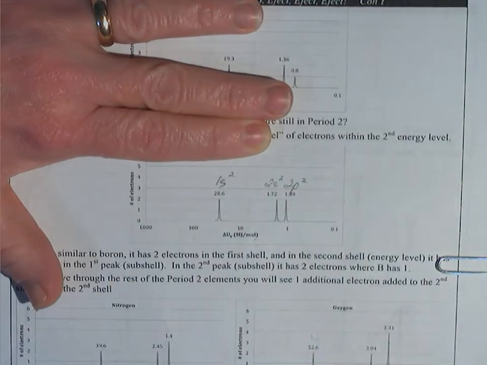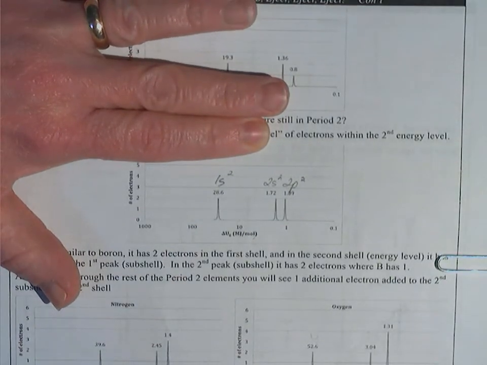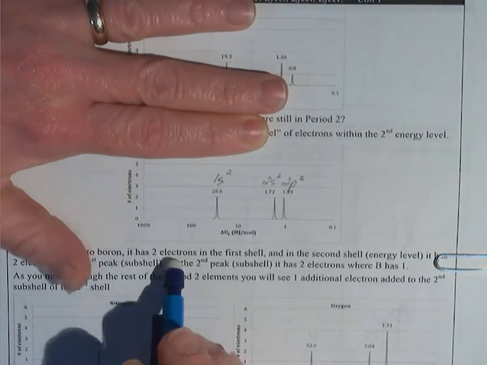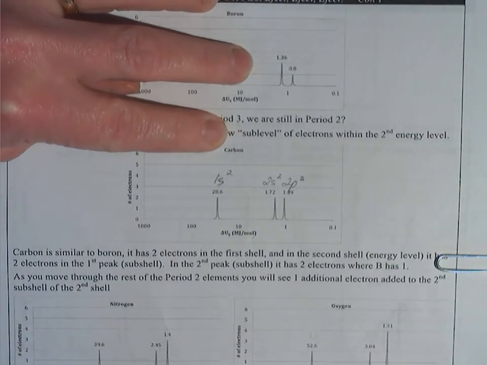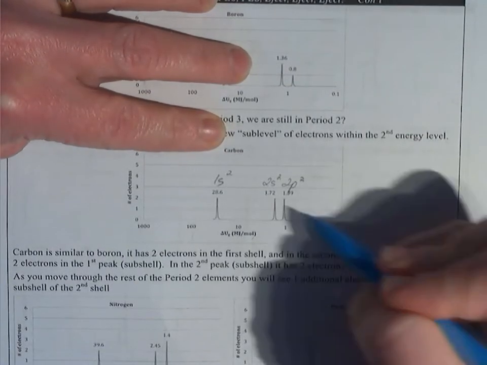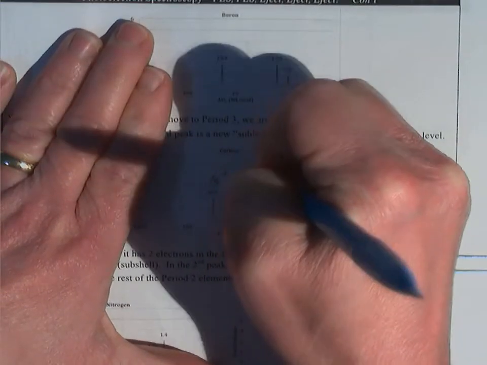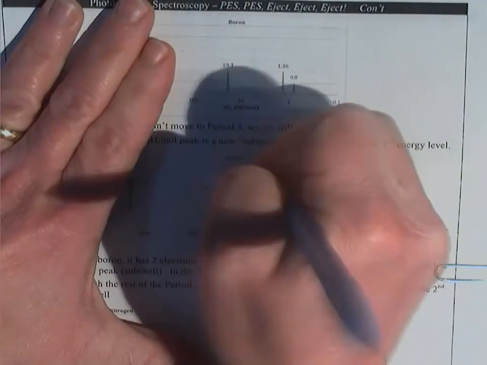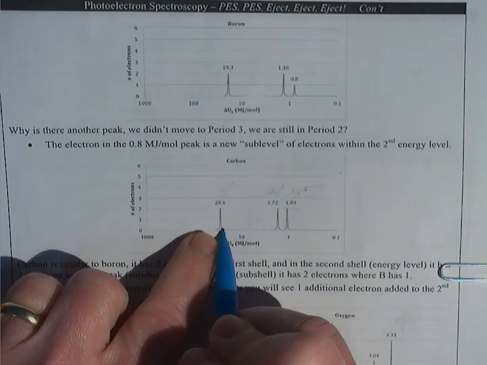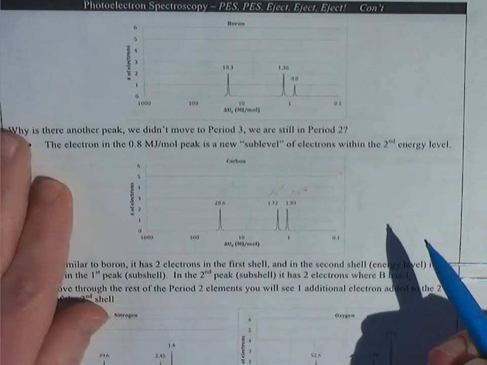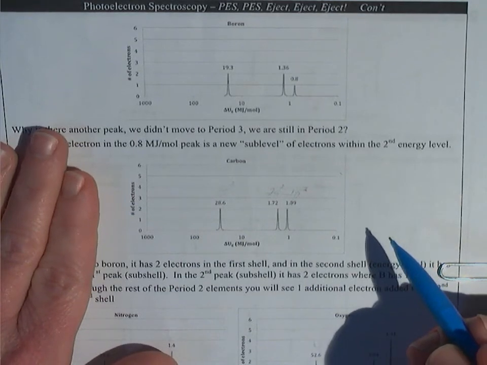We also could be asked to circle a specific sublevel. So it may say, on the above PES spectrum of carbon, circle the peak that represents the 2s electrons, which we would just circle that. We could be asked to identify the peak of the electrons that are closest to the nucleus, which would be this. We could be asked, where will the electrons be removed first when energy is inputted?